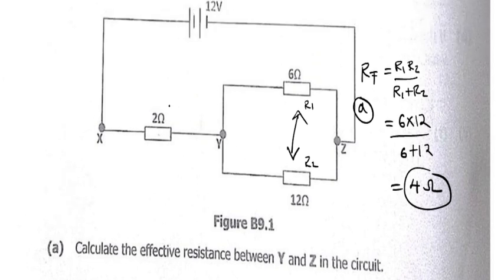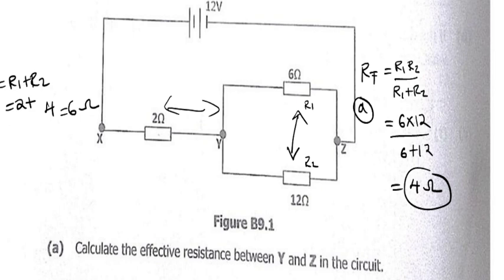So I need to find the total resistance. Since I've already found these resistors in parallel, then with this it has now become a series. So to find the resistance, I'll just say resistor 1 plus resistor 2, where we have got 2 plus here we have found 4. So altogether we have 6 ohms. Then we proceed now. How do you find current?